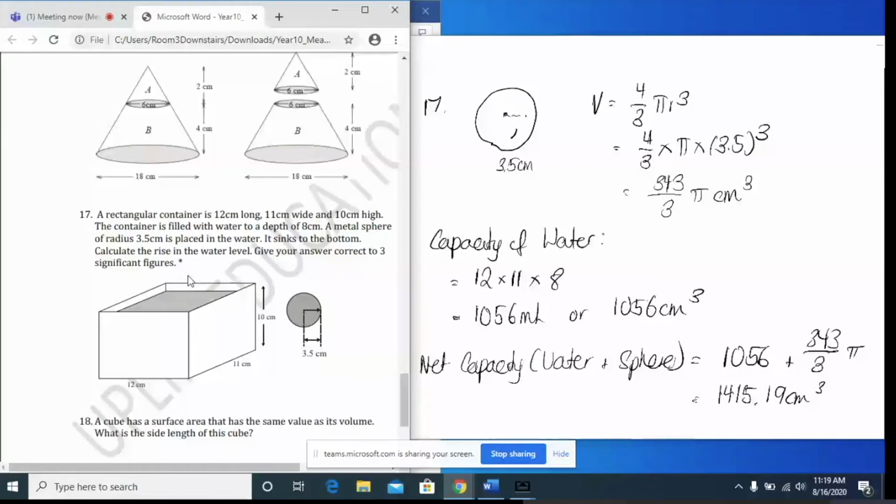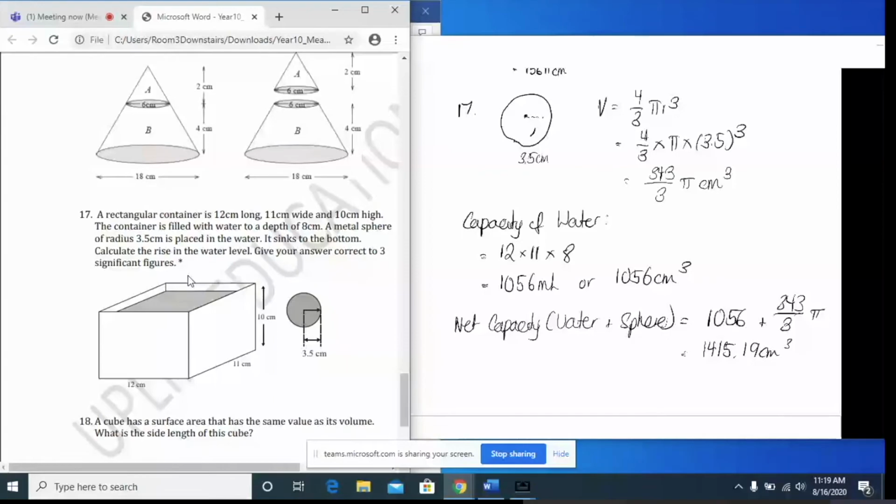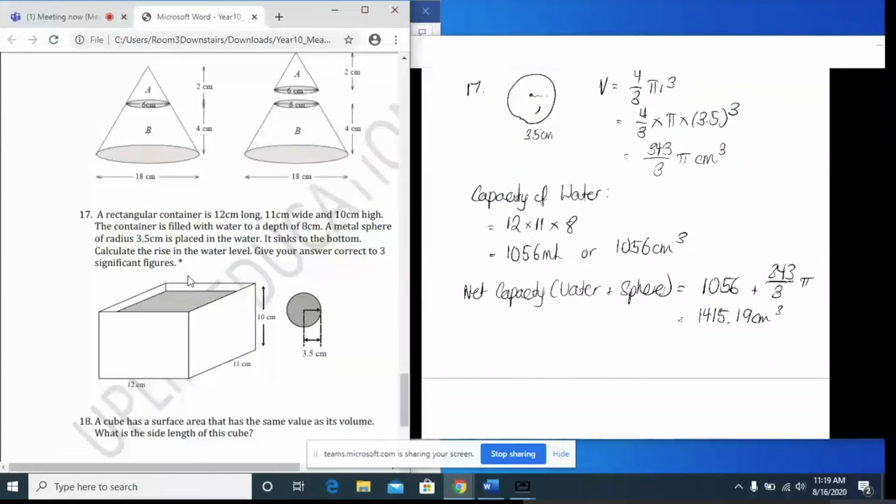Now, if you guys know and remember from year 8 and year 9, one of the things I've always said about volume is it's given by this here. Volume is equal to cross-sectional area times height. Now, what we know is we know the volume of our water, 1,415.19.